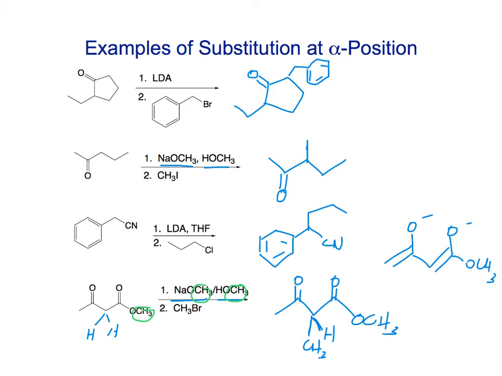Okay, and then we have two possible positions for the reaction to take place. Either this position or this position over here. Okay, so which one of those two positions do you think would be more basic or more nucleophilic?